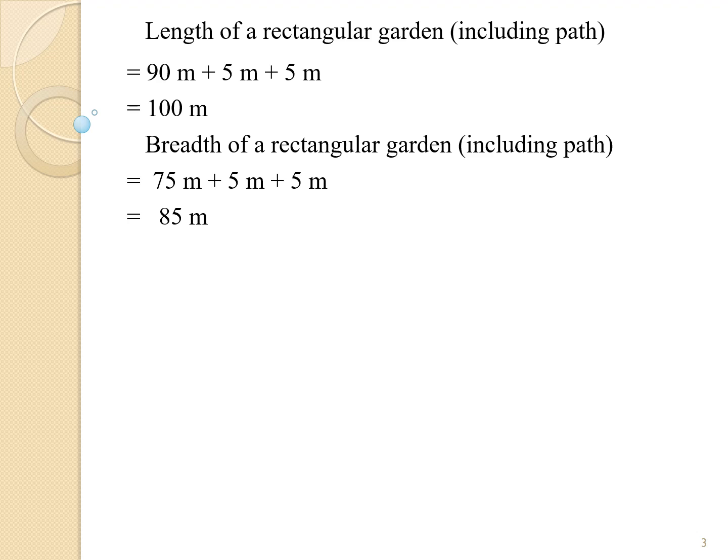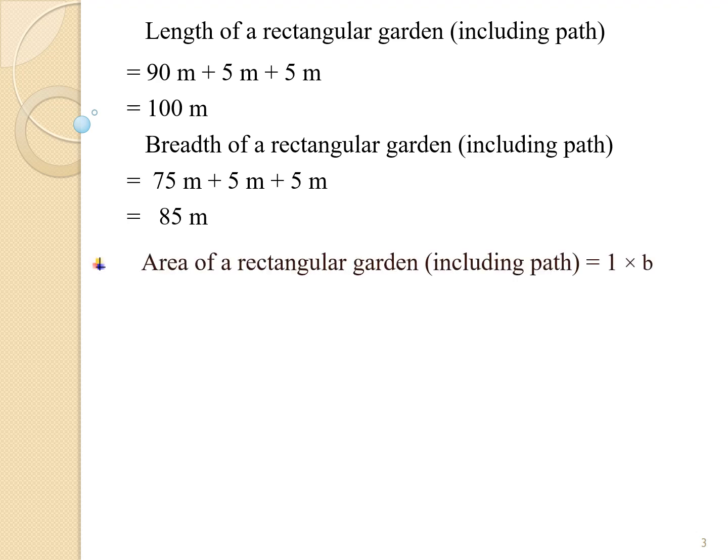Now, let us find the area of the rectangular garden including the path. We know that area of a rectangle is equal to length into breadth, which is equal to 100 meters into 85 meters, which is equal to 8500 square meters.